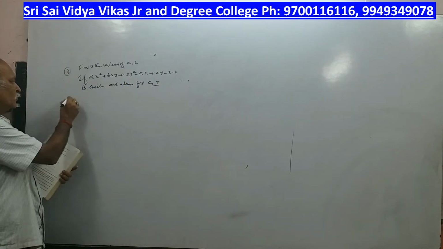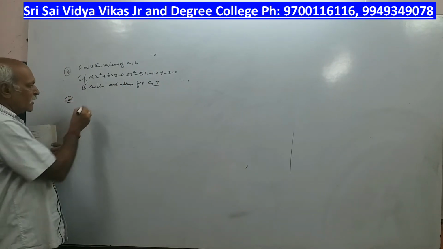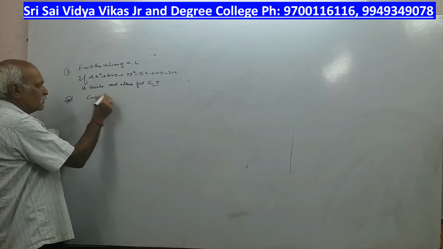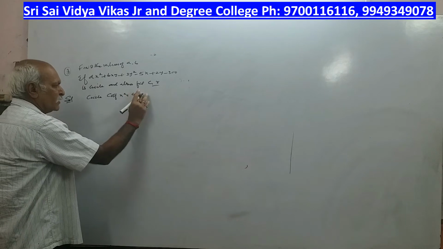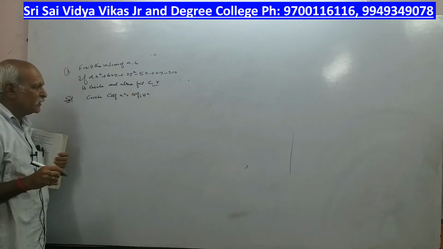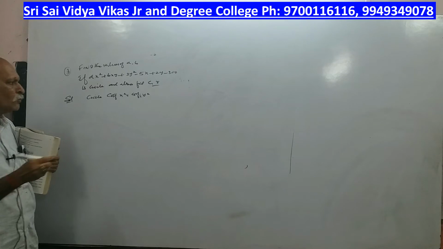Okay, now solution. What is the condition for a circle? The coefficient of x square is equal to the coefficient of y square.